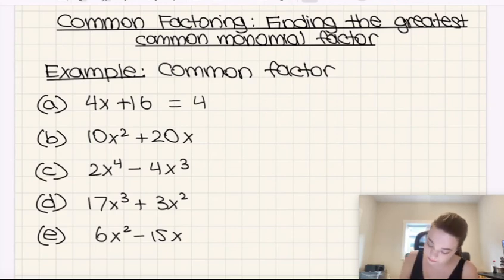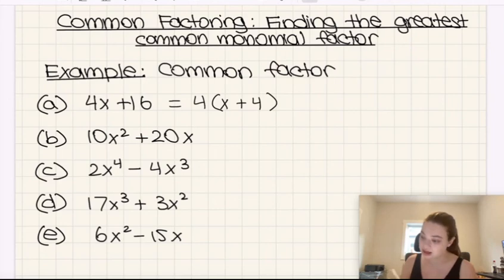And then I'm going to put brackets and write our inner terms. So 4 times x would give us 4x, so x goes here, and 4 times 4 is 16, so 4 goes here. And if we were to expand this back out, we'd get 4 times x, which is 4x, plus 4 times 4, which is 16.